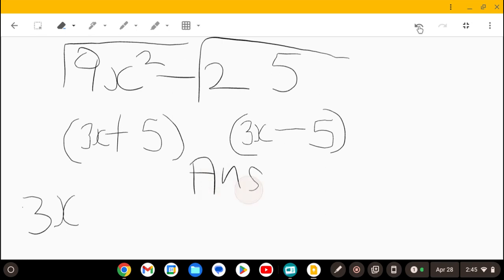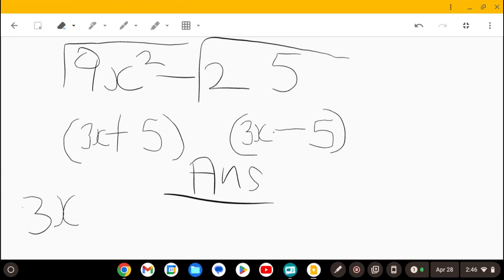As simple as that. So all you're doing is finding the square root of these numbers. You first find the square root of 9x squared, and being on the left side, you put the square root, which is 3x, on the left side of the bracket. You're going to have two brackets, a plus solution and a minus solution, and write 3x on the left side for both brackets.